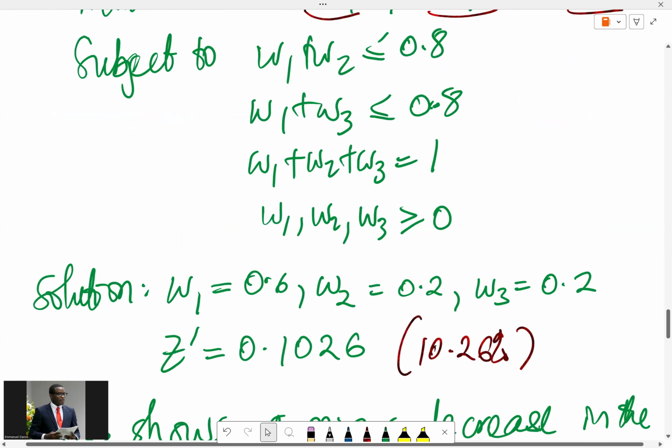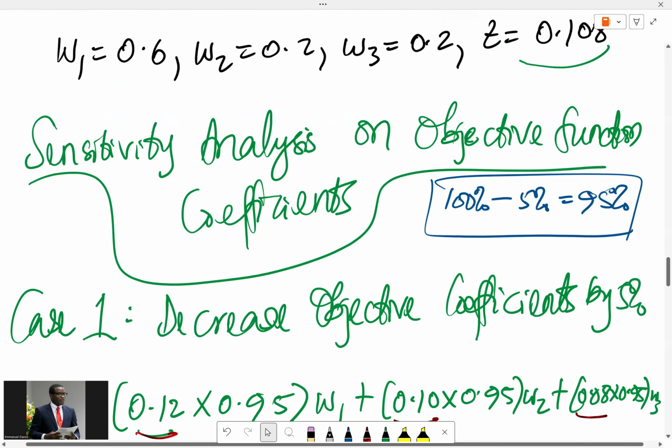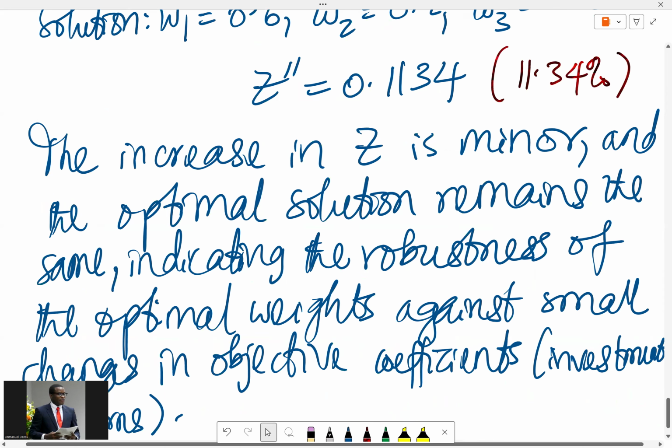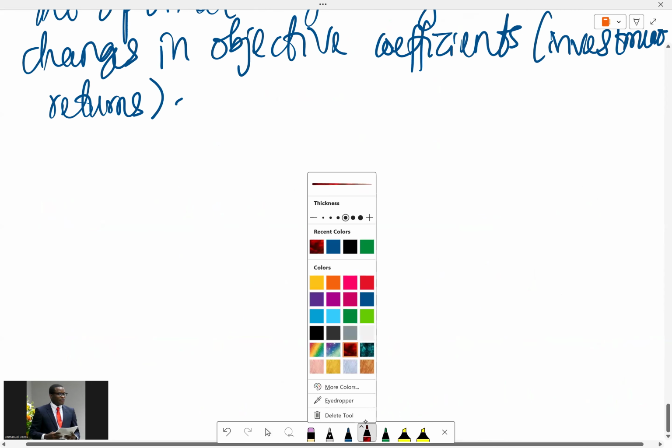So we've talked about sensitivity analysis on objective function coefficients. Now, can we go to the constraint limits? Because we either talk about the objective function coefficients or constraint limits. So now let's talk about constraint limits. I want to change this also to something else. Let me go purple in this case.